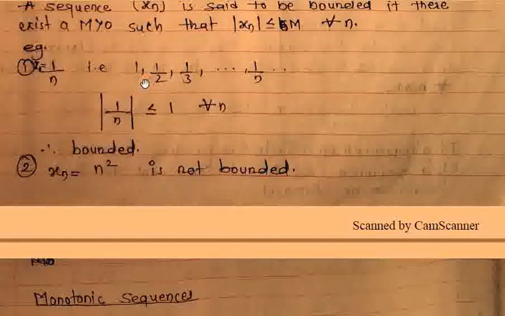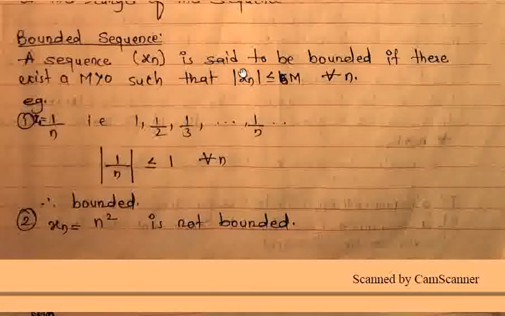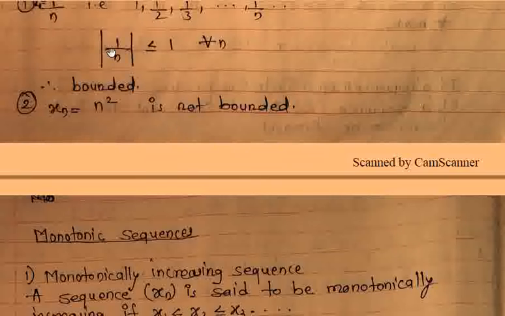So 1 by 1, then 1 by 2, etc., up to 1 by n. And the modulus of xn, which is 1 by n, is less than or equal to 1, where m is 1 in this case for all n. So it's a bounded sequence.